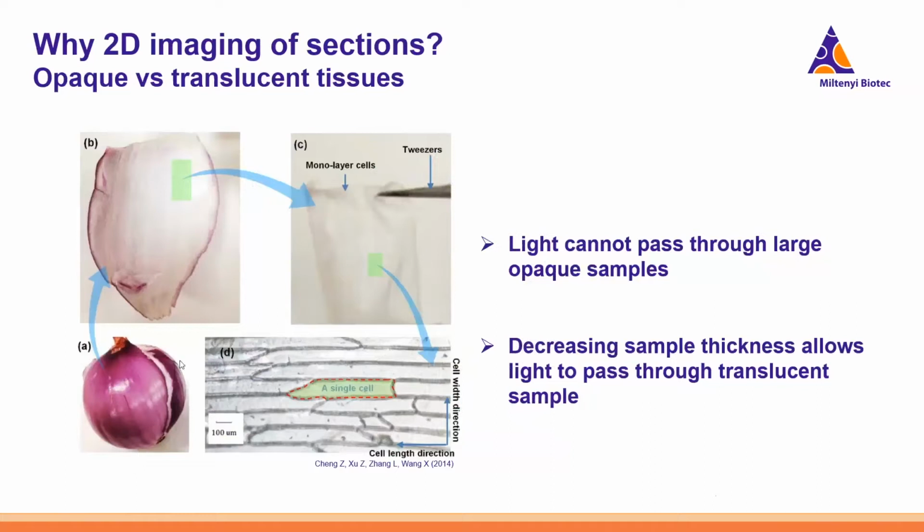If you take a thinner layer of the onion and remove this monolayer of cells here, you can now see through the sample. By decreasing the sample thickness, you allow light to pass through the sample, which makes it translucent. This is the basic principle of how microscopy of thin samples, for example tissue sections, works, right?